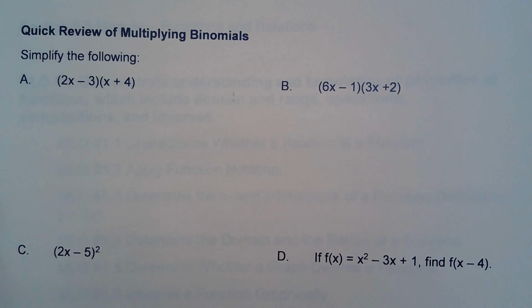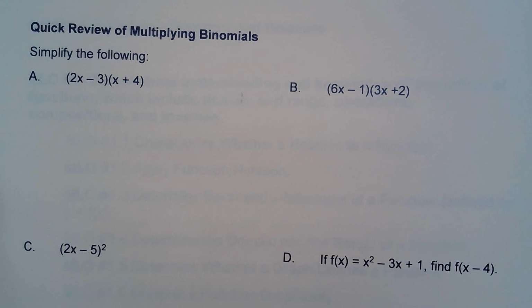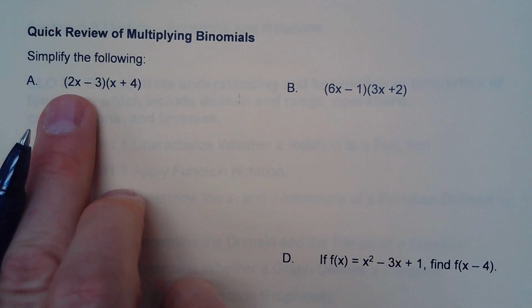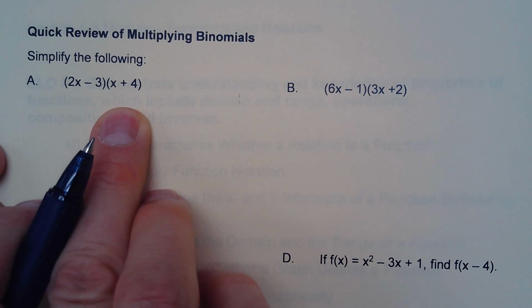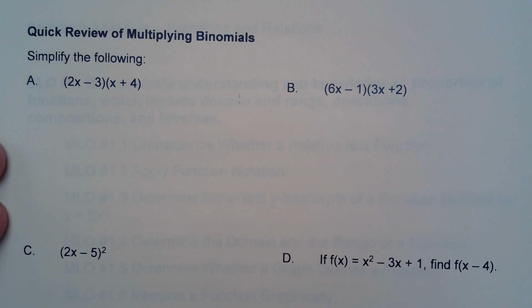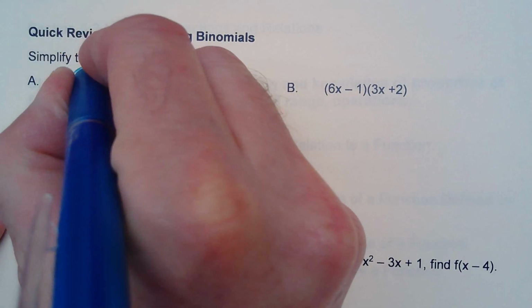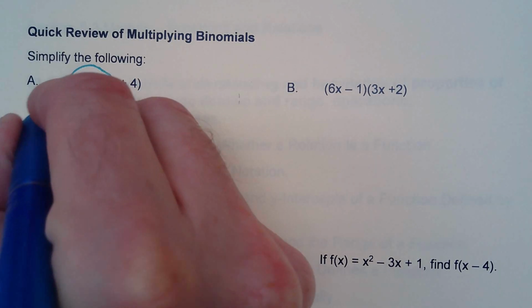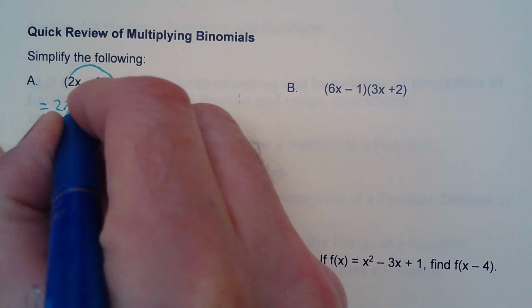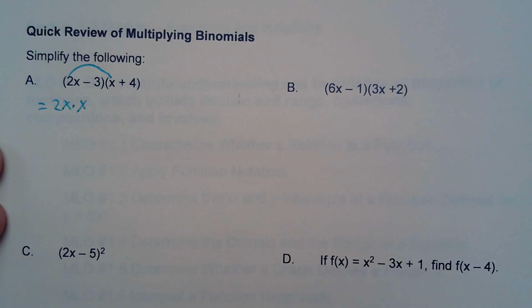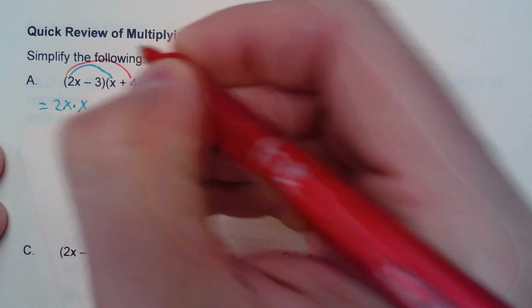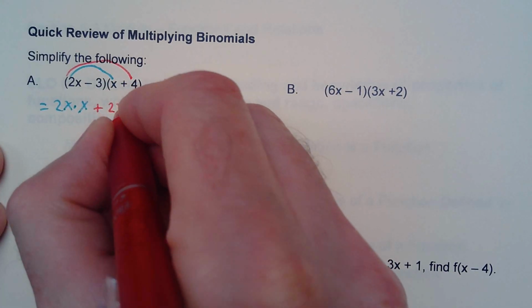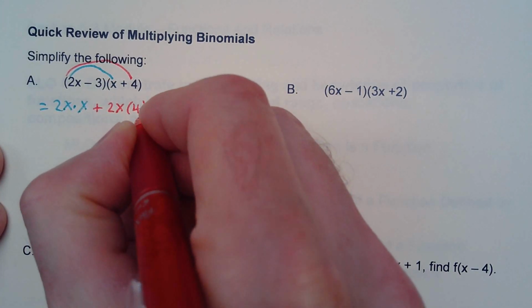And what we typically do when we have to multiply a binomial times a polynomial, so an expression with two terms with another expression with two terms, we use FOIL. So we take the product of the first, 2x times x. Then we do the product of the outer terms, 2x times 4.